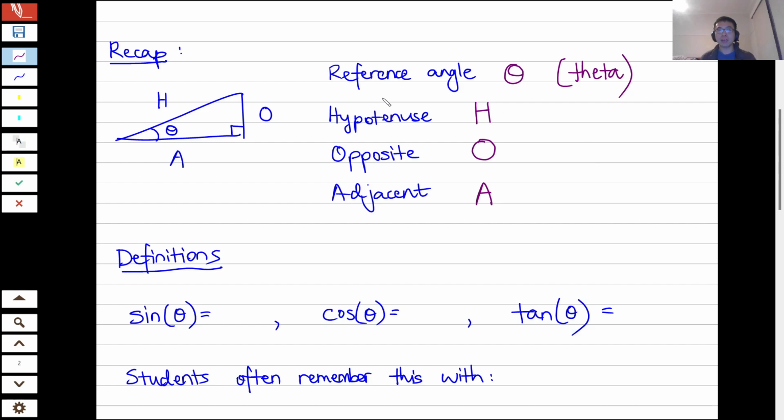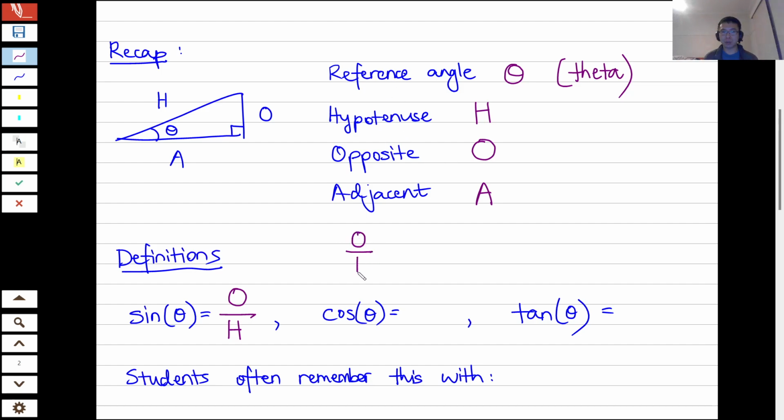So, if I give you a triangle like this, here's how we define sine, cos, and tan. We're going to define sine as the length of the opposite side, O, divided by the length of the hypotenuse, H. So sine equals O over H, or opposite over hypotenuse.